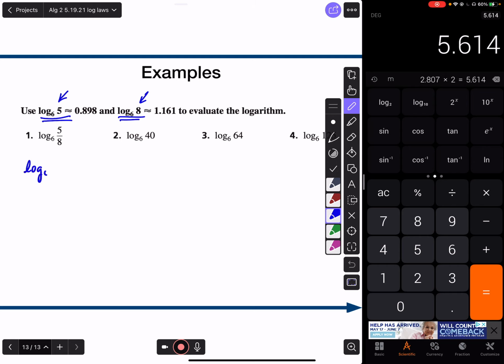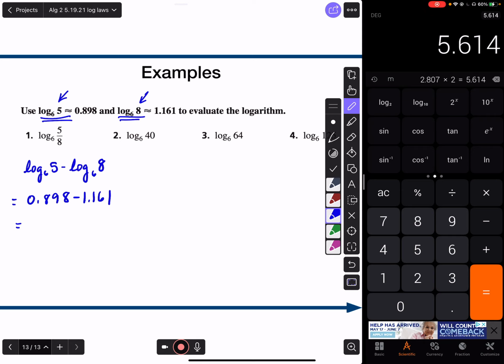So log base 6 of 5 minus log base 6 of 8. Log base 6 of 5 is 0.898 minus log base 6 of 8, 1.161. Then you get out your calculator and you solve it. You get to your final solution.